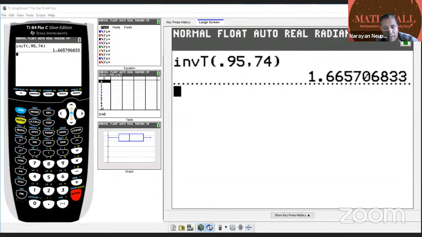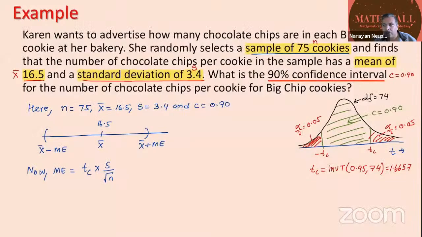So let me share back my other screen here. Let's see. Okay. Stop sharing the calculator. So can you see my screen?